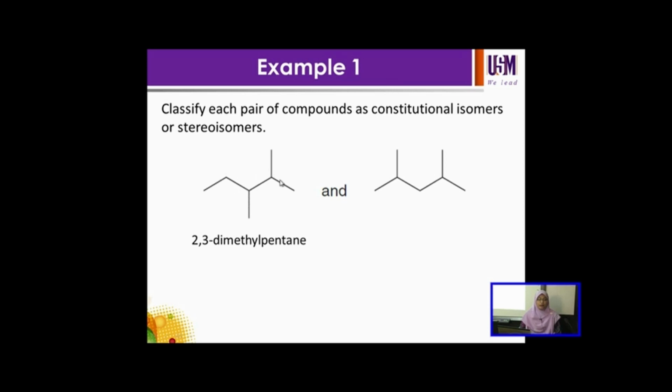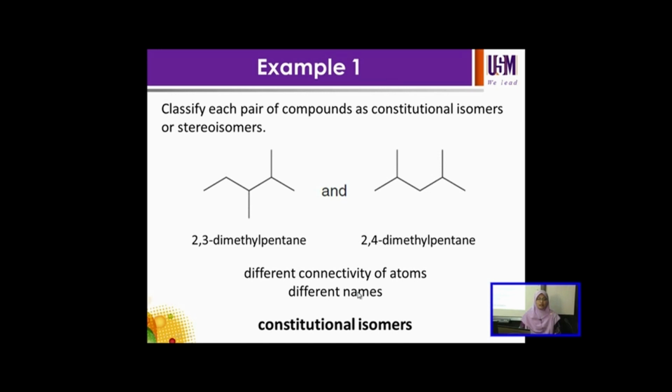Pentane, we have 5 carbons in the main backbone, and then we have 2 substituents, at carbon number 2 and also carbon number 3, which is dimethyl. And then for this one we have 2,4-dimethylpentane. We have the substituents at carbon number 2 and also carbon number 4. So we have different connectivity of atoms and also different names.